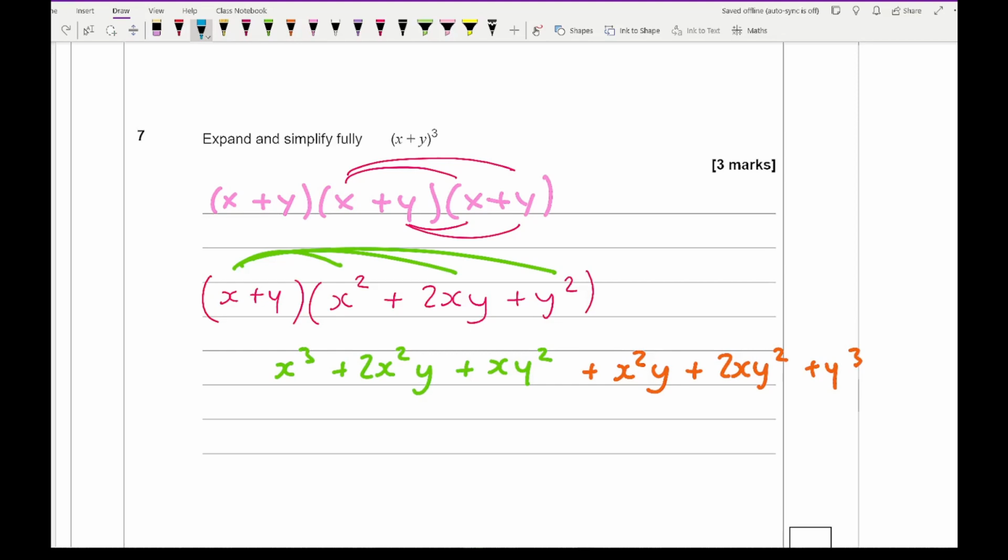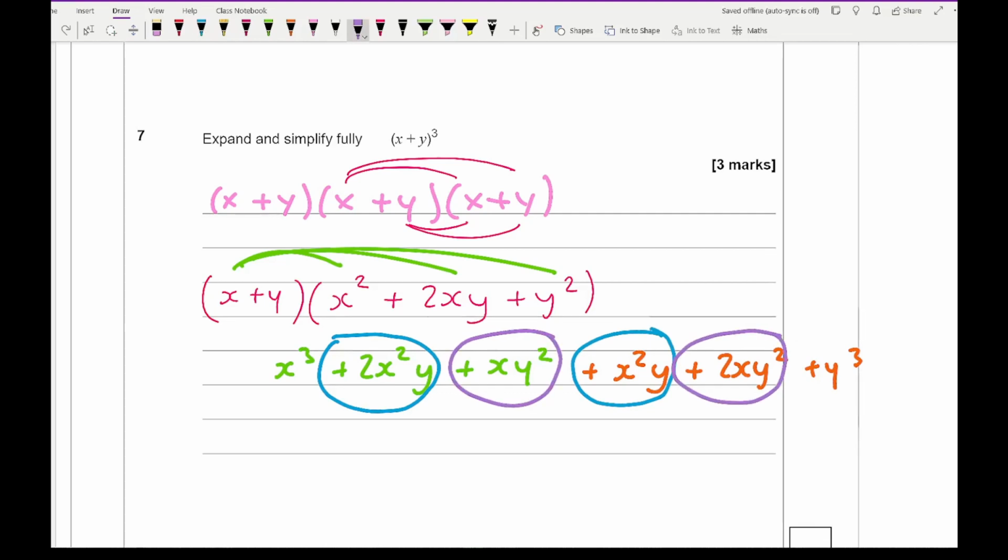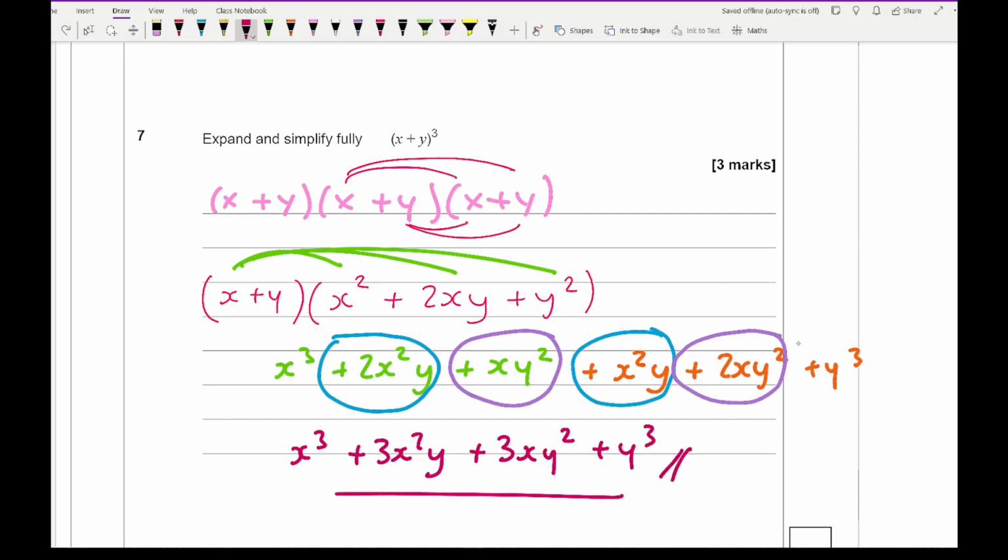The only things that will simplify are this with this and this with this. So joining them all together, I get a final answer of x cubed plus 3x squared y plus 3xy squared plus y cubed, and there is my final answer for that one.